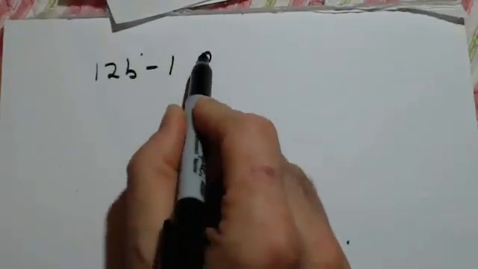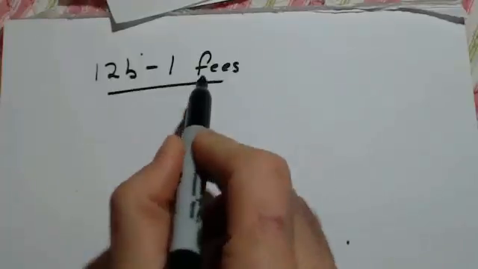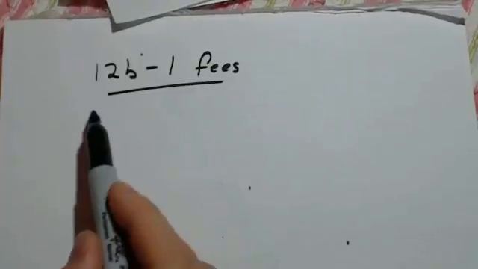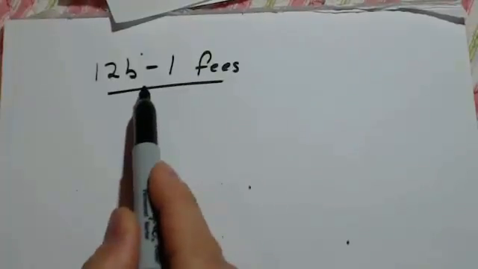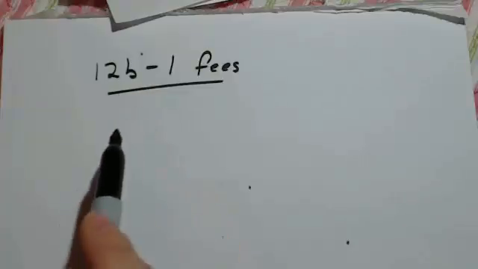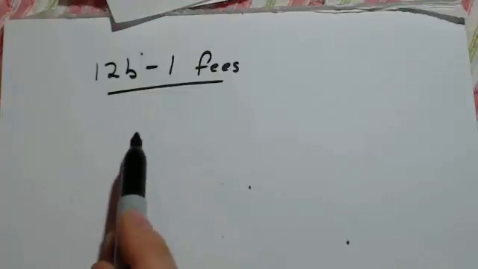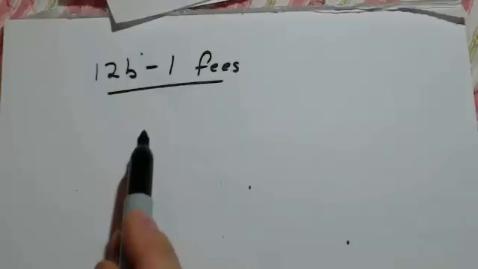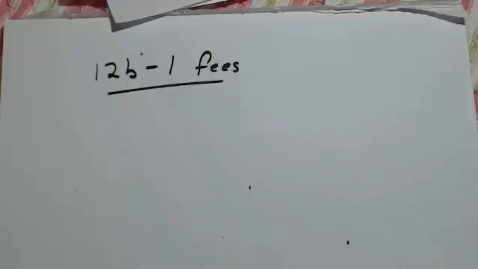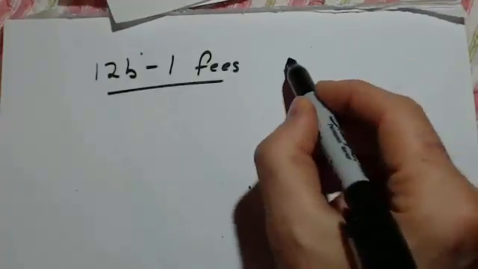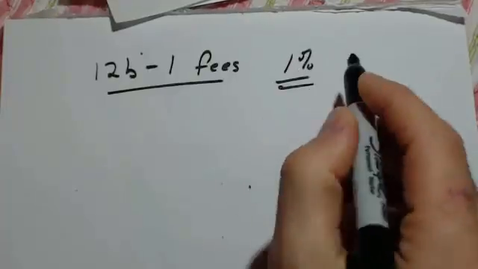There are special fees that you may not know, and they seem kind of weird, and one example would be 12b-1 fees. 12b-1 fees are named after a section of the Investment Company Act of 1940. It's section 12b-1 that allows these fees to be charged. The Securities and Exchange Commission allows these fees to be up to a maximum of 1%.